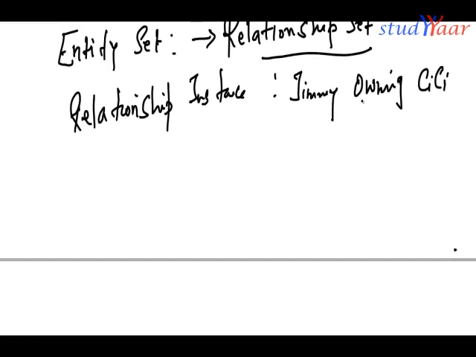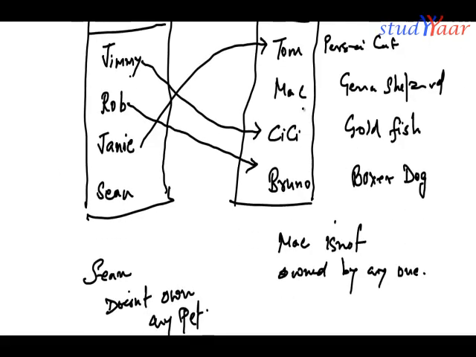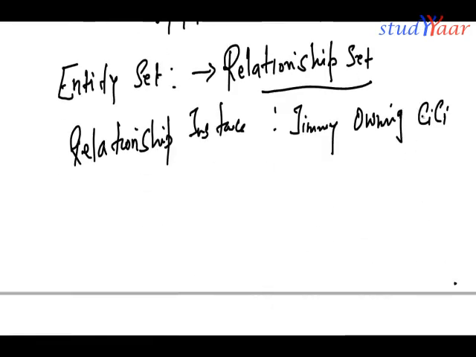That's an instance of the relationship set which says a person owns a pet. When an entity participates in a relationship, it basically means that it is a part of some relationship instance.